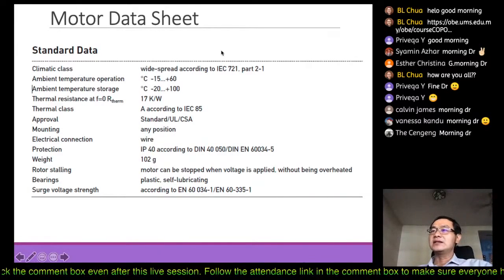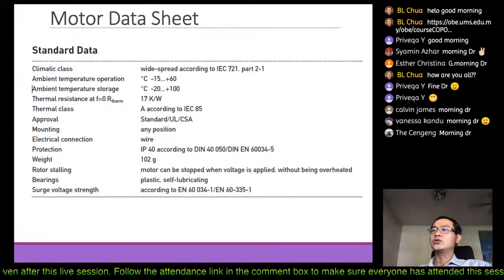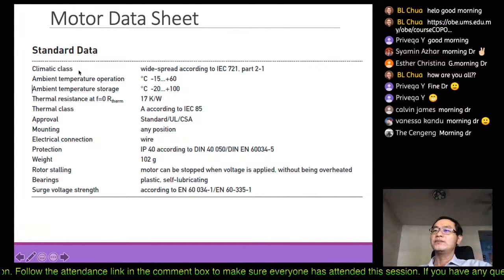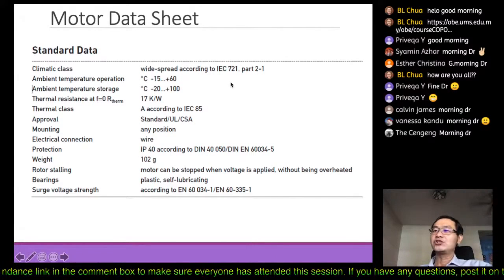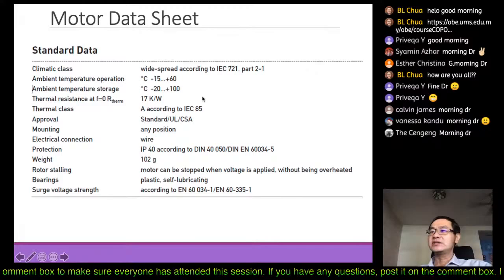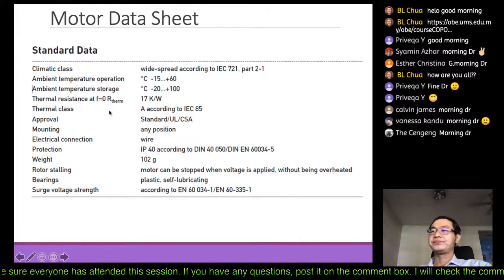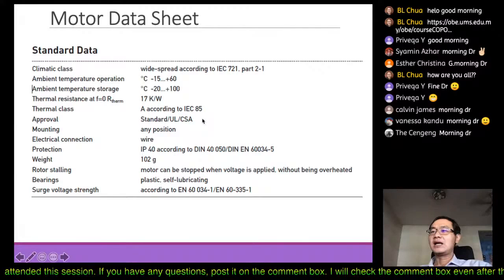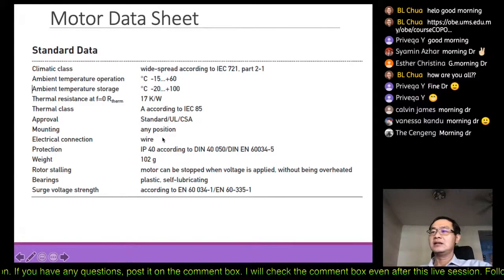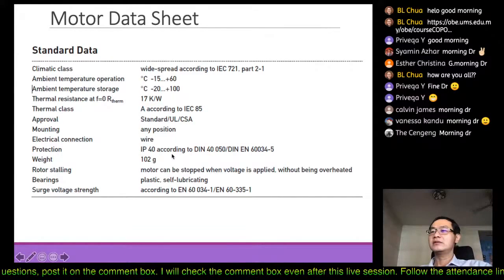And then this is the typical motor data sheet that tells you the ambient temperature, the thermal resistance, the class, how it can mount, the protections, and other things.